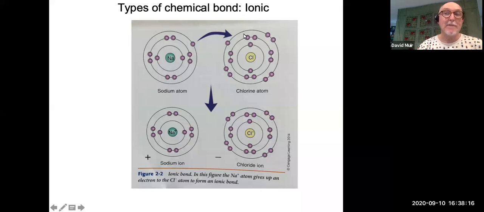And that is exactly what happens in solution. In solution, it will happily lose this electron and donate it to chlorine. Now we have 1, 2, 3, 4, 5, 6, 7, 8 electrons in the outer shell.